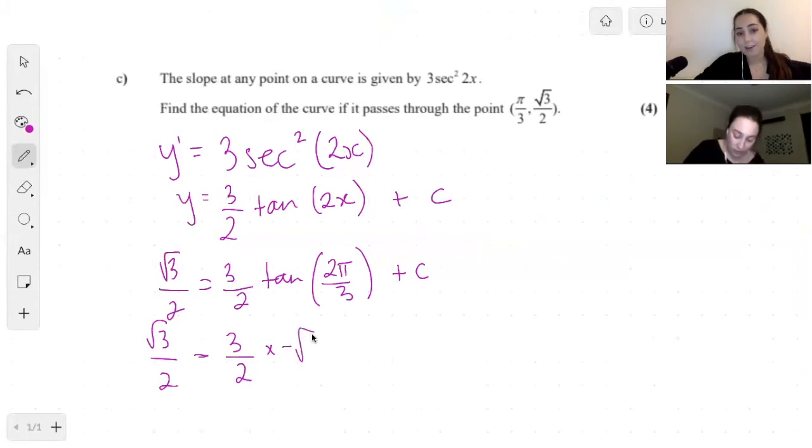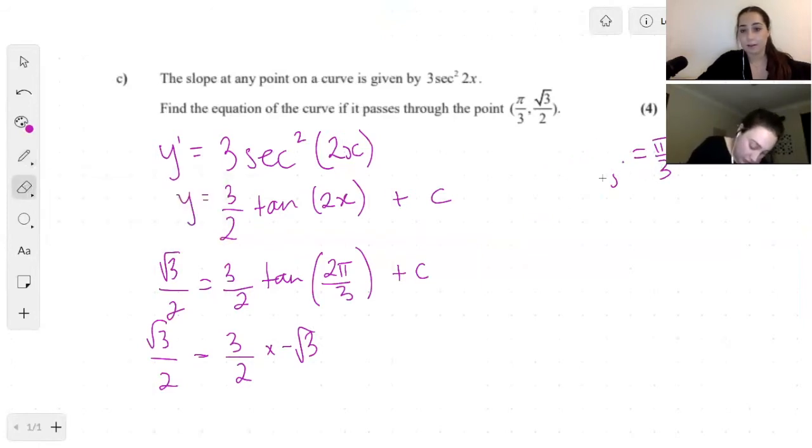And how do you know that the acute angle is pi on 3? Because it's pi minus 2 pi on 3, which is pi on 3. That's how you know that's the acute angle in the second quadrant. Yeah, okay. Plus c.